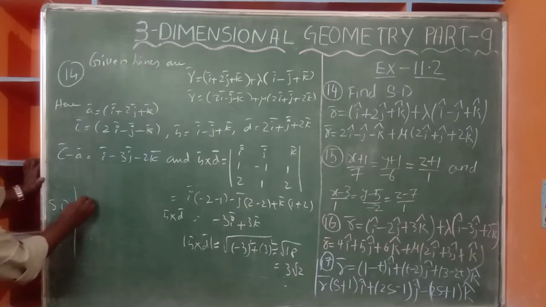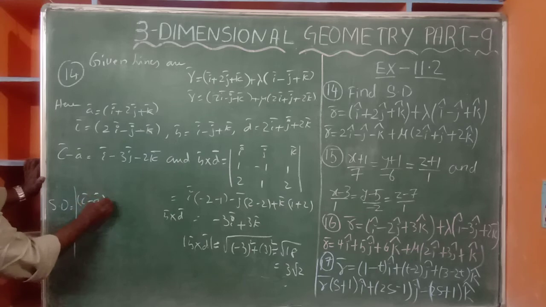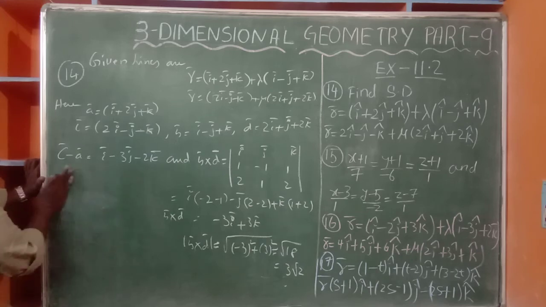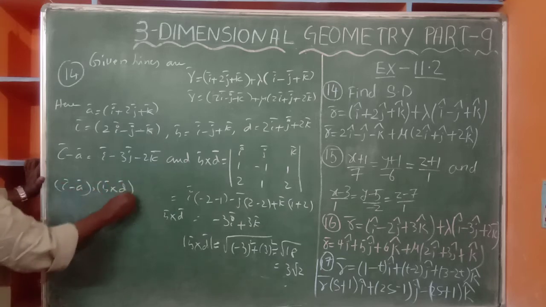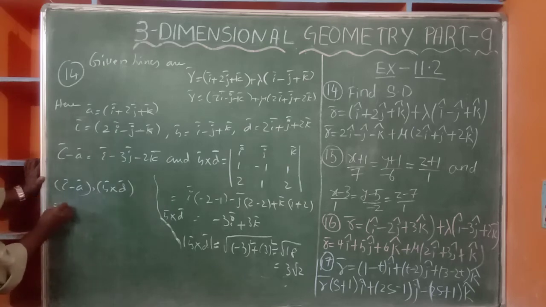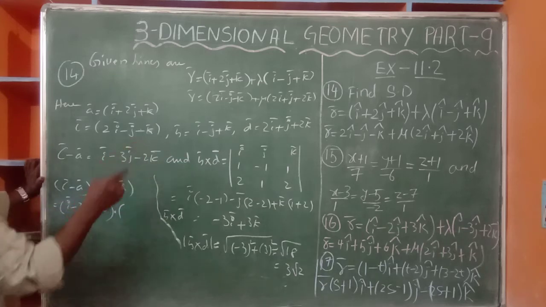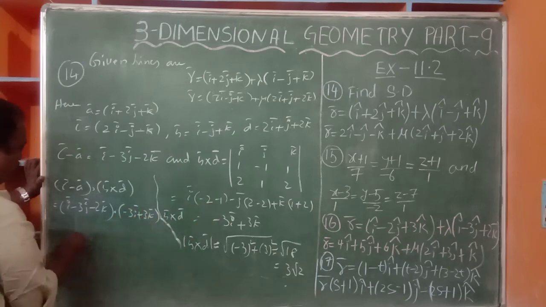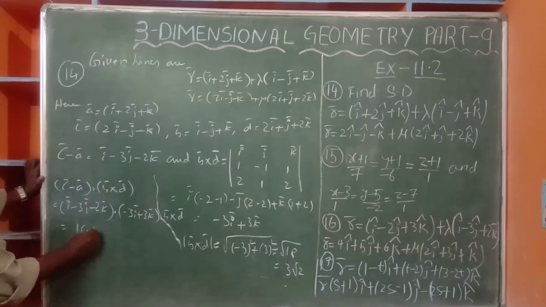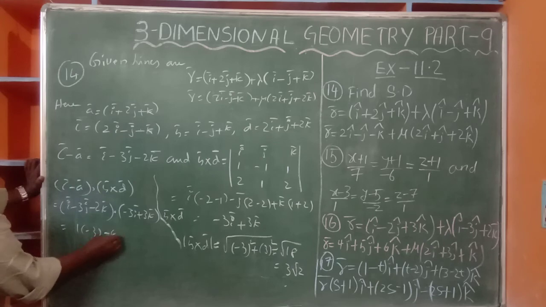Now SD. First we find (C bar minus A bar) dot (B bar cross D bar). C bar minus A bar is nothing but i minus 3j minus 3k, dot B bar cross D bar, which is minus 3i plus 3k. i dot i is 1, its coefficient 1 into minus 3. j is not there.